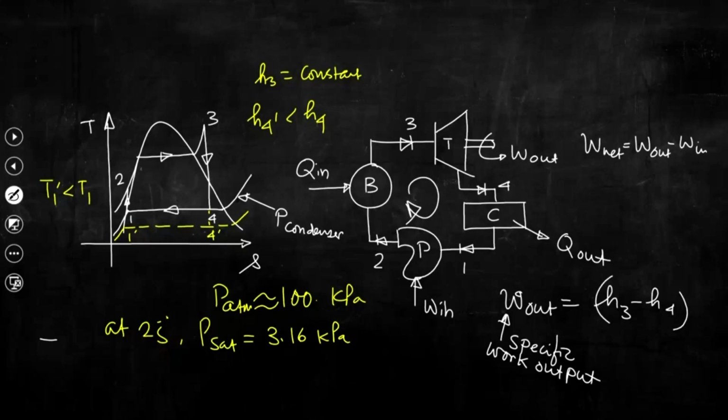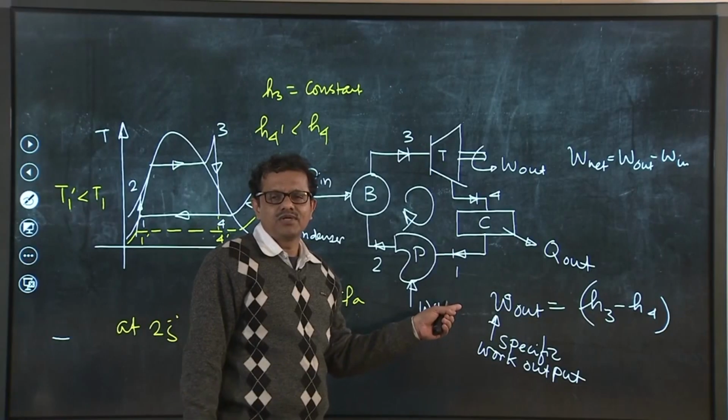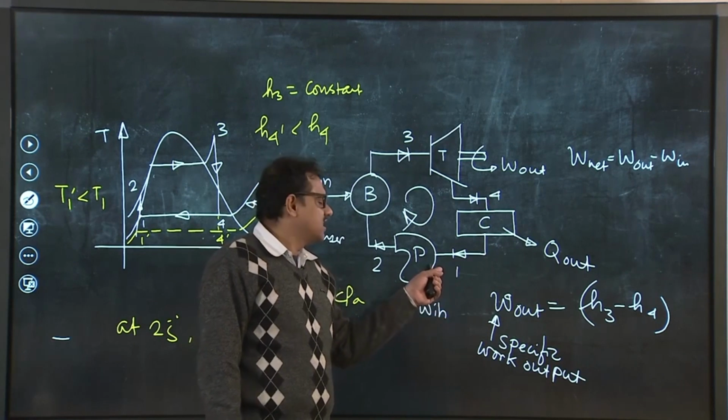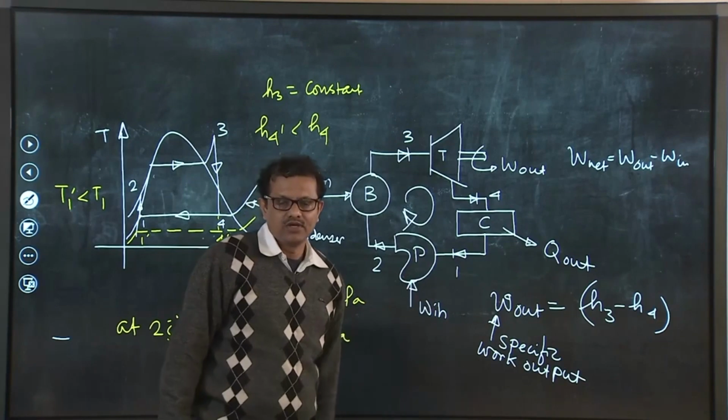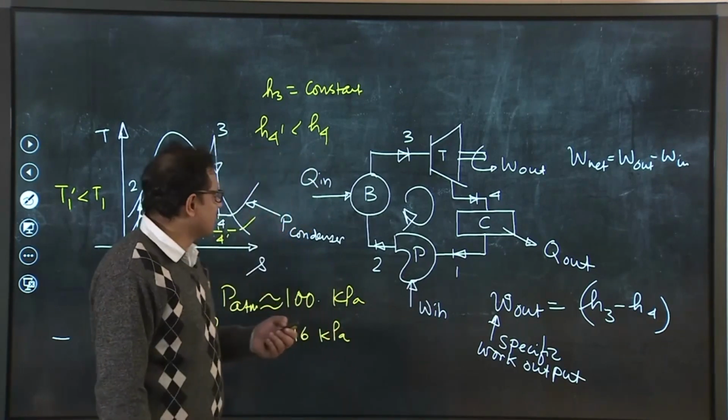It also allows us to reduce the turbine exit pressure or back pressure of the turbine, so that the total enthalpy drop will be more, the specific work output will be more, and also the temperature of the condensate at the exit of the condenser should be about 25 to 30 degrees Celsius, and then the pump will not have any problematic issues handling that liquid. So, these two are the important objectives.